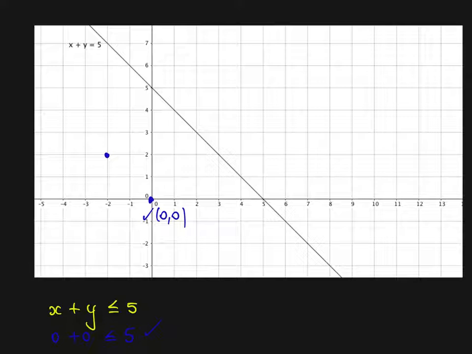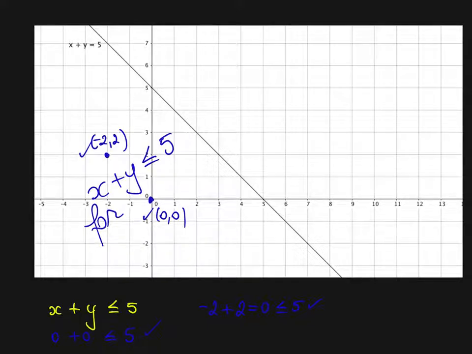That point has coordinates negative 2, 2. For that point, x plus y is 0, which is less or equal than 5. So that's a good point too. No matter what points you take in this region, x plus y will be smaller or equal than 5 for all points here.